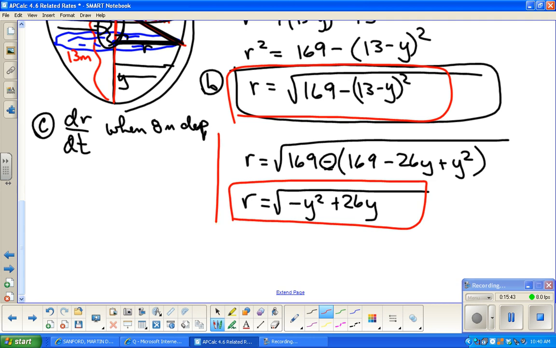When I'm doing part C, I want dr dt. Oh, that's a lot of rhyming. So I'm probably going to want it more like this bottom one.